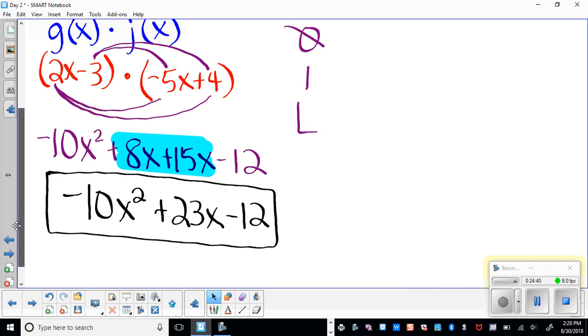I'll let you know which ones are going to be like that on your homework as well. Are there any questions on this? We did subtraction, we did addition, we did substitution, we did multiplication. That is all we're doing for today.